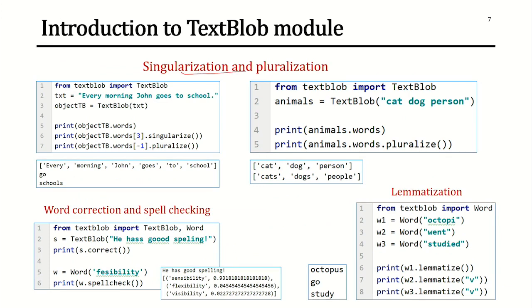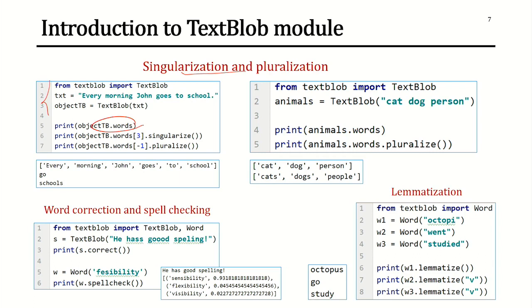In addition to these basic operations, we can also do some other features using TextBlob. We call this singularization and pluralization, where, given a particular word, we can find its singular or plural form. So how can we do this? We create a TextBlob object first, and next we can access all available words using this command, as we have seen in the previous example.